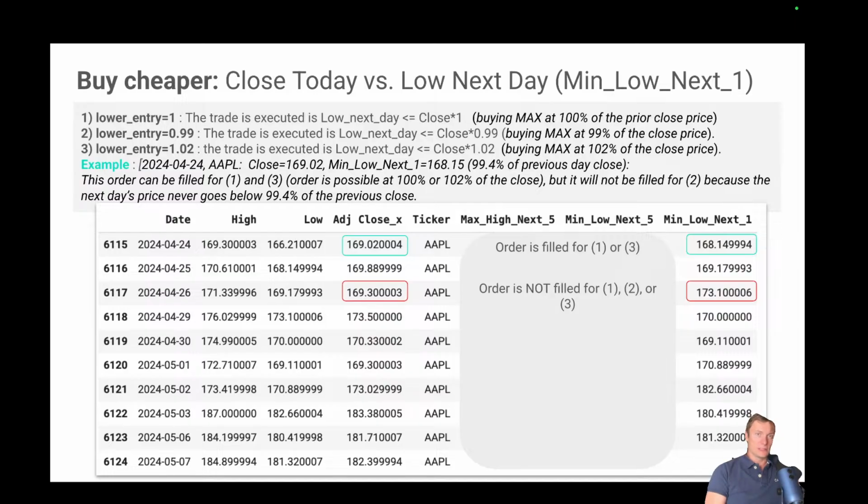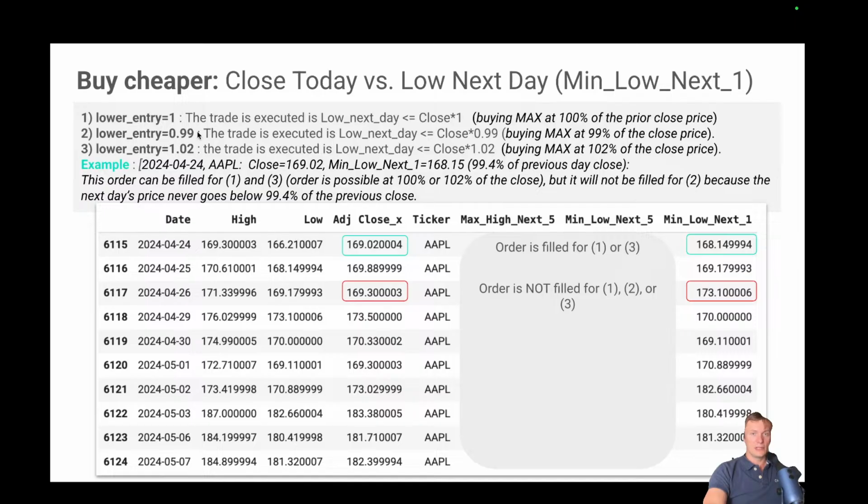By default, if lower entry equals 1, that means that we predicted some growth of a stock, and we see its closing price for the day before, and for the next day we place a trade to buy that stock at a price not higher than the close price. That is close multiplied by 1. So buying maximum at 100% of the prior close price.